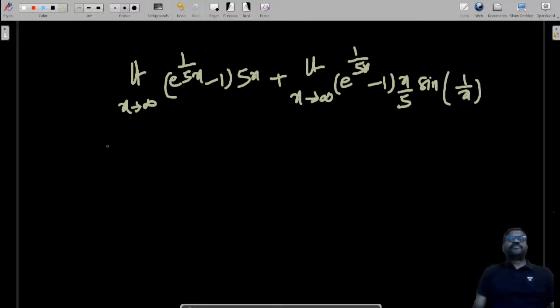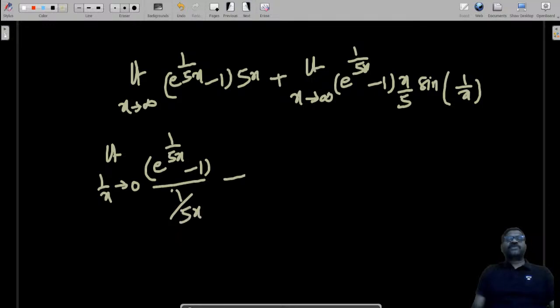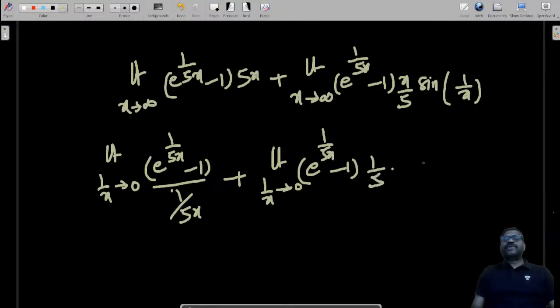When x is tending to infinite, 1 by x is tending to 0. So it becomes limit 1 by x tends to 0 of e power 1 by 5x minus 1 by 5x, plus 1 by 5 into sine 1 by x by 1 by x.